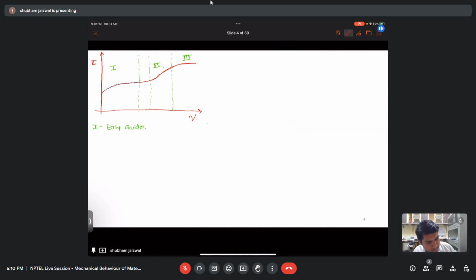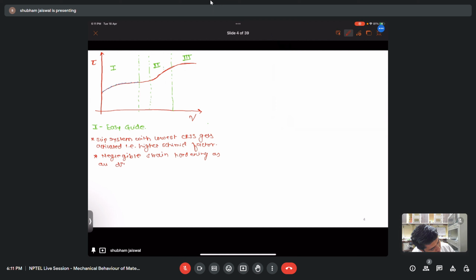In easy glide, the slip system with the lowest shear resistance gets activated, that is, with the higher Schmid factor, and we get negligible strain hardening as all dislocations move away. Okay, so this is about the easy glide.